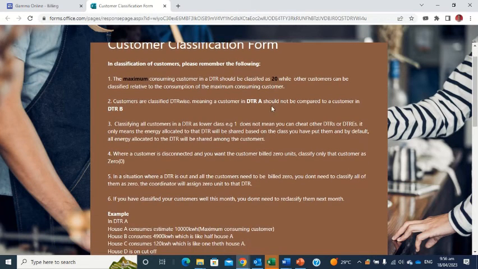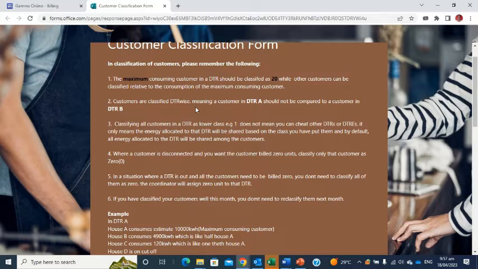And then, secondly, customers are classified DTR wise. Well, let me still throw more light on the first point. When that customer is classified as 20, other customers will be classified relative to that customer. So this customer has a deep freezer and two fans, or maybe he has two deep freezers and two fans. I'm just using that as an example. Now there's another customer in that same transformer that has one deep freezer as against two, same rating, and one fan. That means the second customer consumes half of what the first customer is consuming.